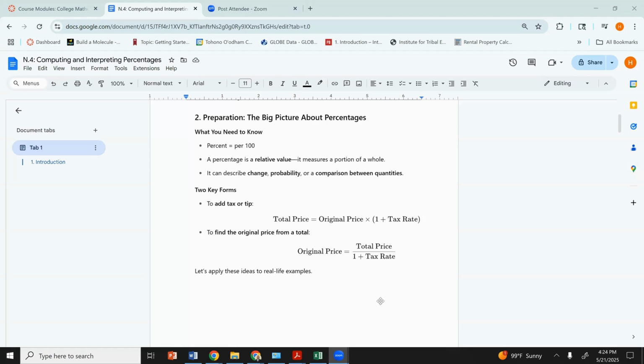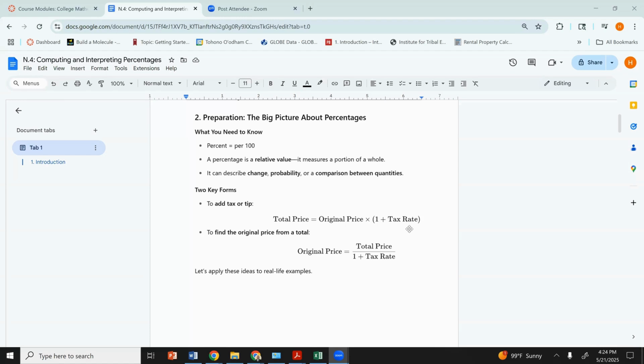To figure out the total price, the total price is equal to the original price times 1 plus the tax rate. Okay, if the tax is 5%, then that's going to be the tax rate.